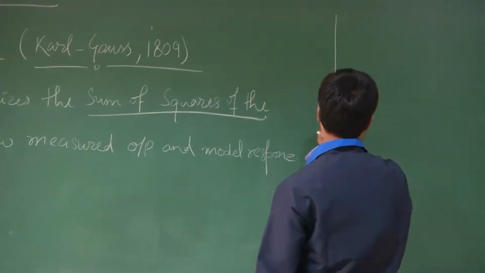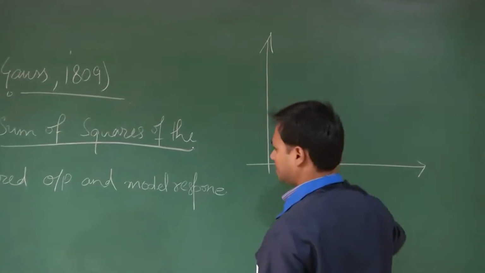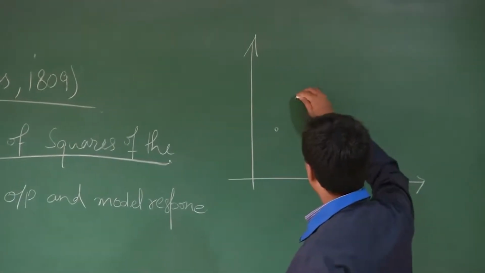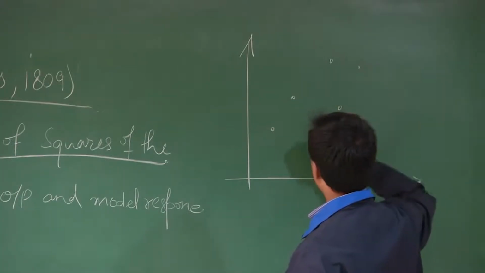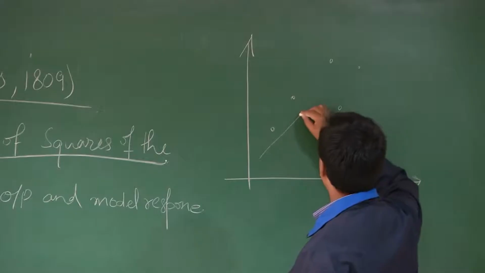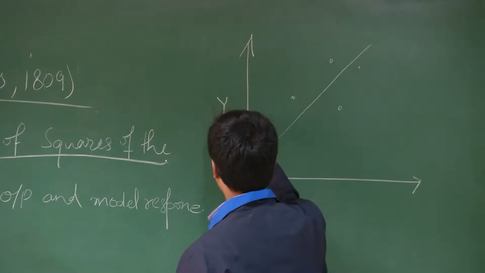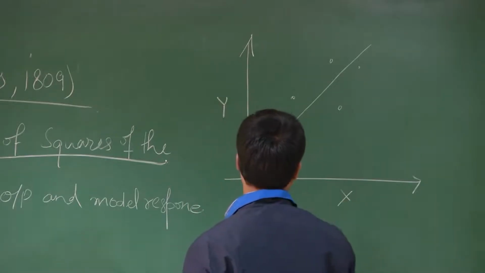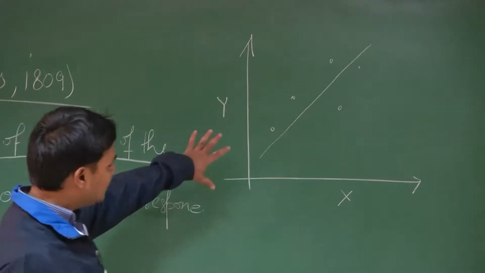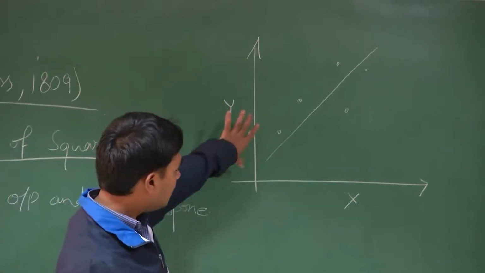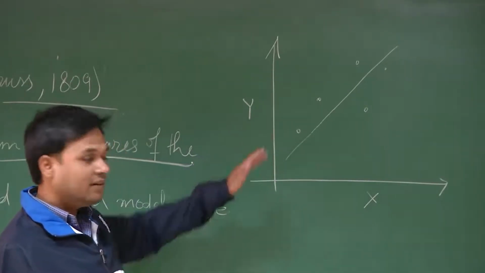If you have some data, I'll start with a very basic example. This one, here, here, and here. You can give the names like Y or X. Here we have some data like this, and we are trying to fit a curve, a best fit, which minimizes the error.